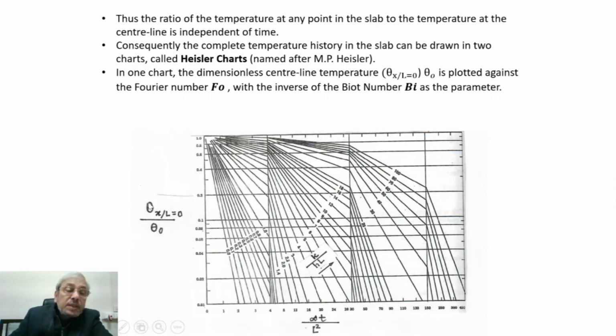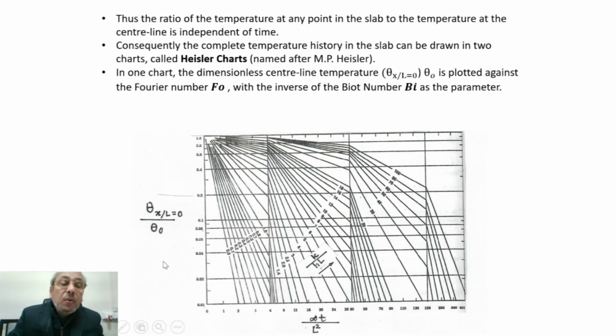So this is initial temperature. Sorry for this mistake. This is theta at the center line, x by L equal to 0, divided by initial temperature, that is T naught, which is uniform over the slab, and when we convert it into theta, basically it is T naught minus T infinity.